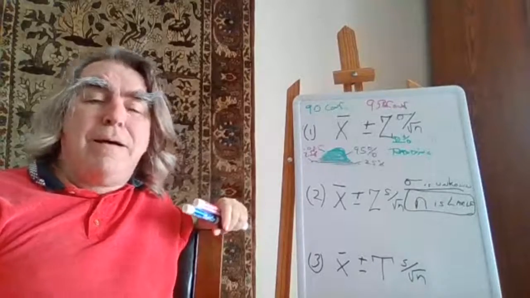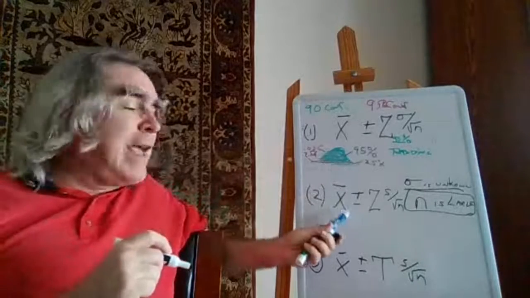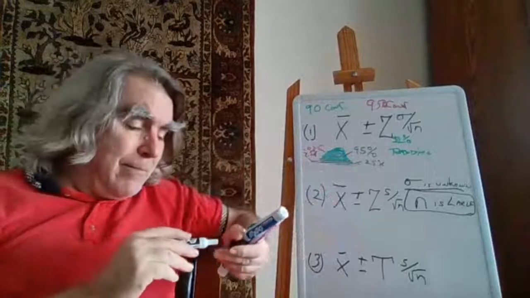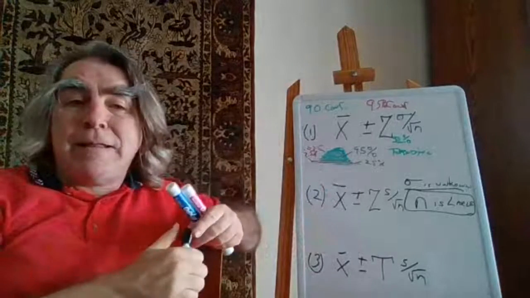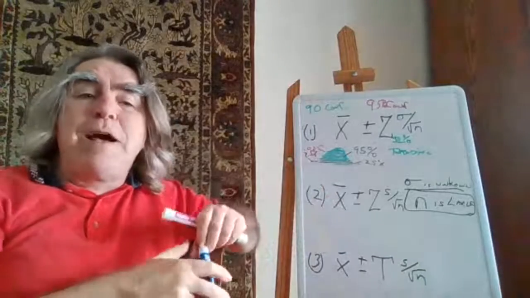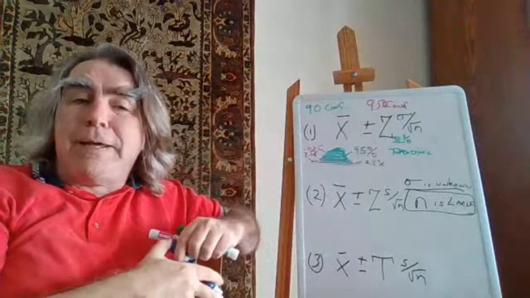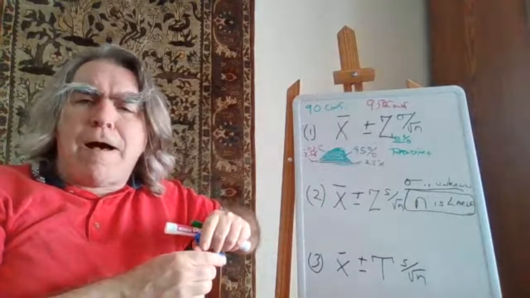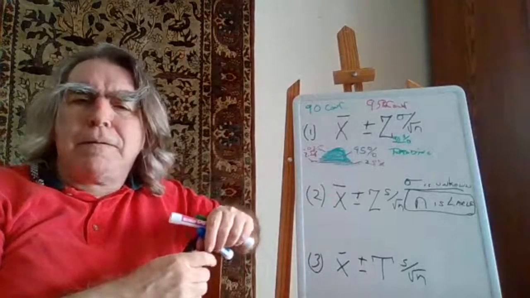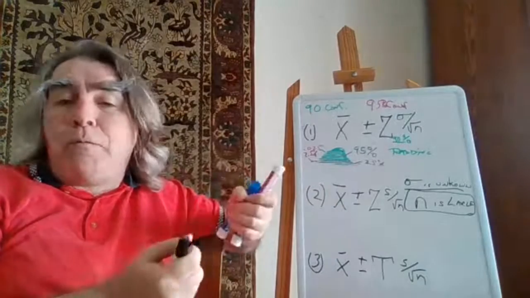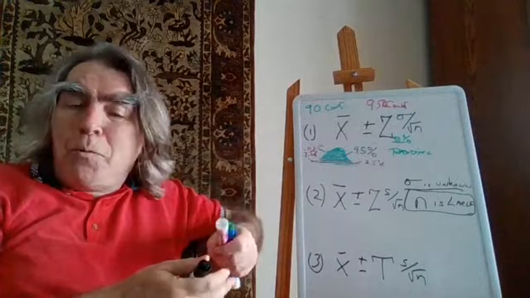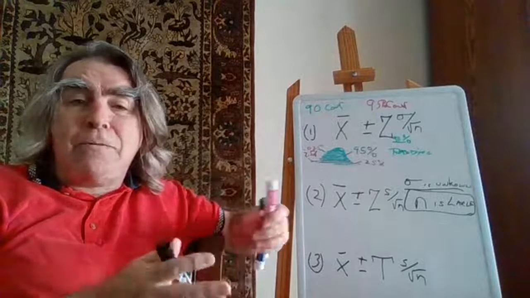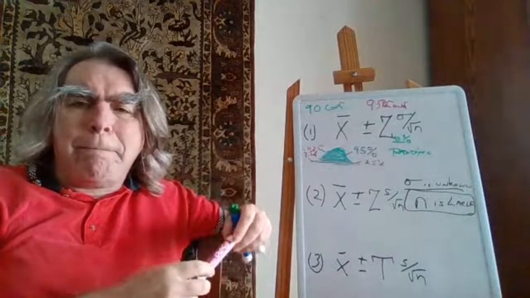What do you think when I say it's okay to use this formula when the sample is large? What do you guys think large means? 5, 1,000, the whole population? Well, if we do the whole population, we have done a census, and then we know what God knows.